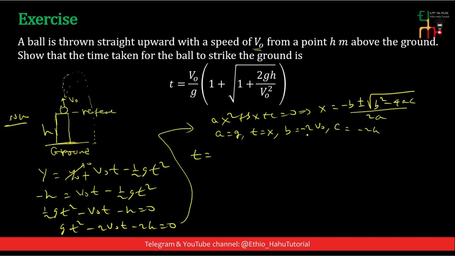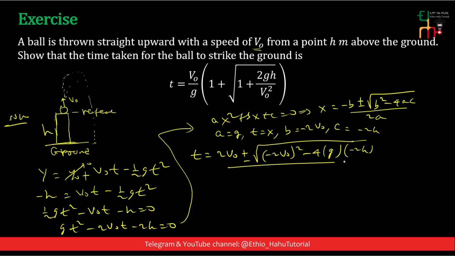Thus, t = (2 v0 ± sqrt((-2 v0)^2 - 4 · g · (-2h))) / 2g. This is equal to (2 v0 ± sqrt(4 v0^2 + 8gh)) / 2g.